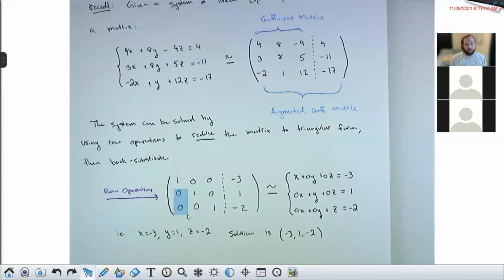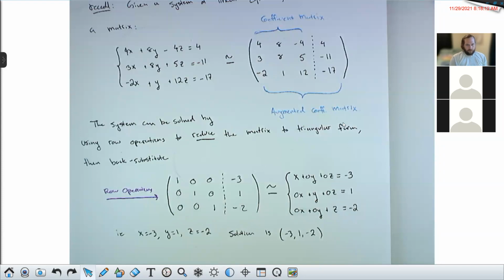All we cared about was having zeros here and here. Because, imagine this last row, instead of being 0, 0, 1, -2, it could be 0, 0, 3, -6. And then this last equation would be 3z equals -6. And you can still solve that for z, just dividing both sides by 3 when you get z equals -2.